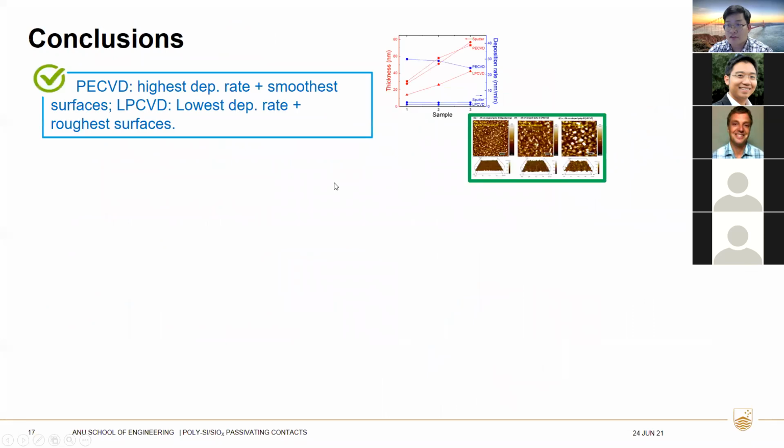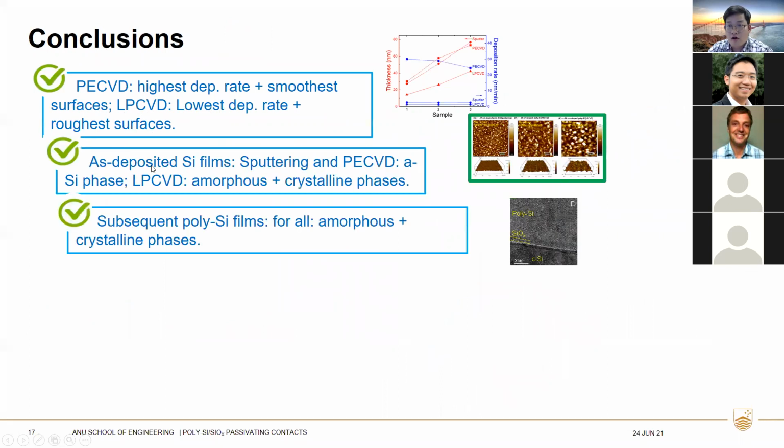As the conclusions, we saw that the PECVD film has the highest deposition rate and smoothest surfaces, and LPCVD has the lowest deposition rate and roughest surfaces. On the as-deposited silicon films, sputtering and PECVD contain only the amorphous phase. Meanwhile, LPCVD contains both amorphous and crystalline phases. After the phosphorus diffusions, the polysilicon films contain both amorphous and crystalline phases.